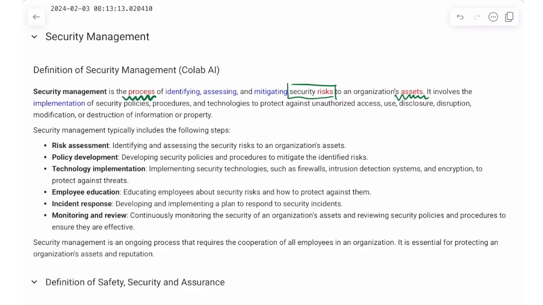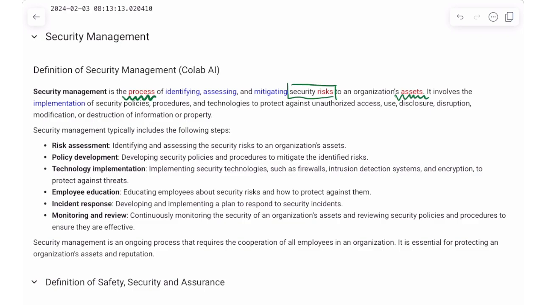And there's an important thing right here. It says an organization's asset. Maybe 20 years ago, in your organization, the most important thing was maybe the equipment, the PC or the hard drive that your department had, and you would say that is the important asset of your organization.